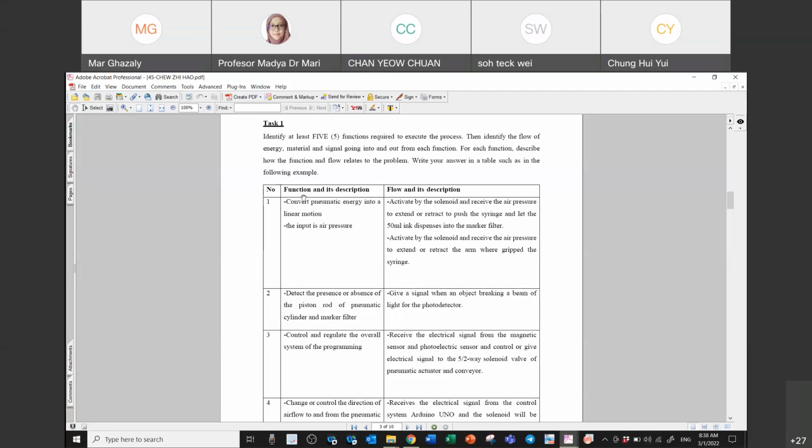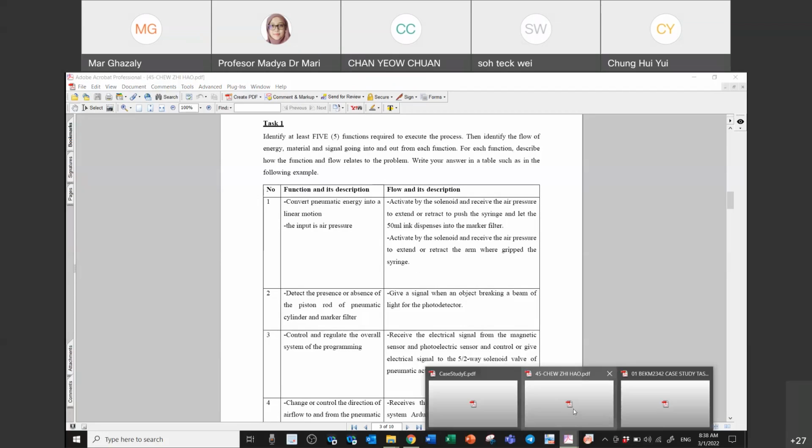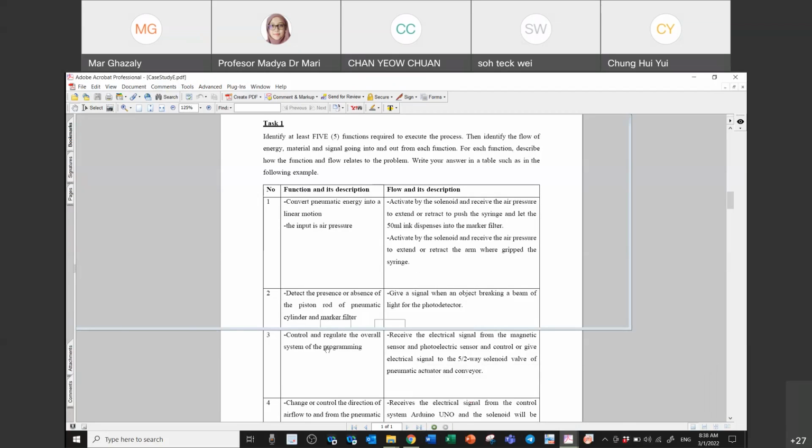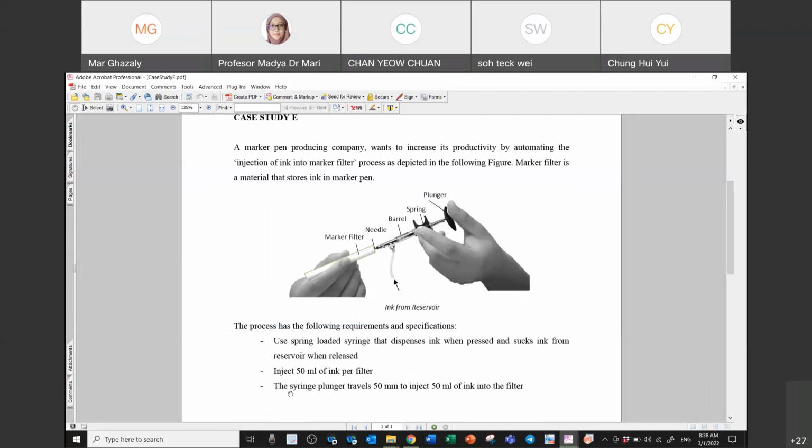The requirement is, for example, converting energy into linear motion. That one is referring to the syringe plunger travel 50 mm. So that is the requirement and specification.